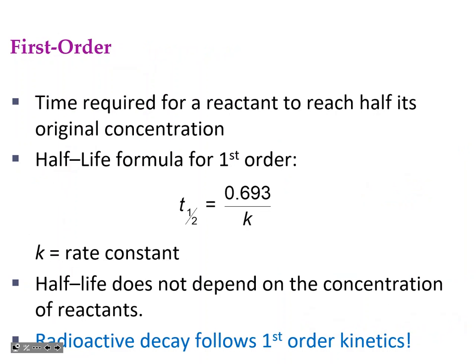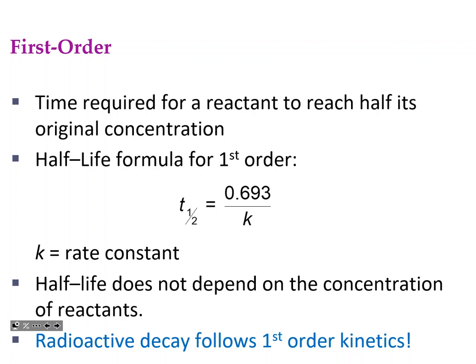All right, let's look at first order half-life. This is the only one that they actually expect you to be able to calculate using the formula. The other half-life ones, there are formulas for them, but you don't have to do the calculations. You just have to kind of understand the trend. First order half-life: time required for a reactant to reach half of its original concentration.